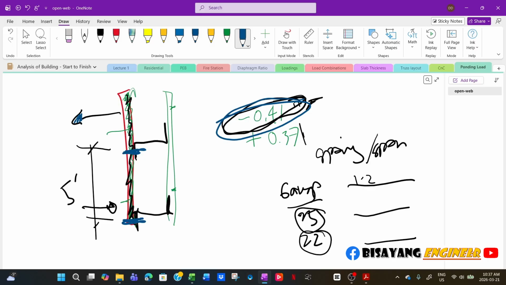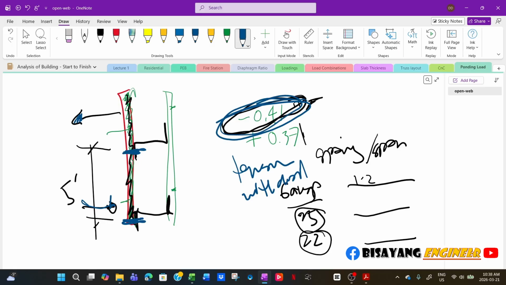Then your screw will be in tension, and then check also for withdrawal. But if it is a positive value, that means that's pushing. Technically, you don't need a fastener, right? So that's why you always use the negative value in sizing the fastener.